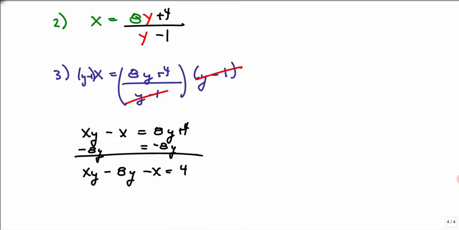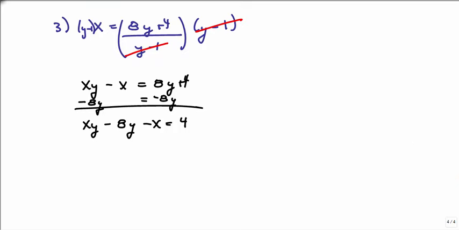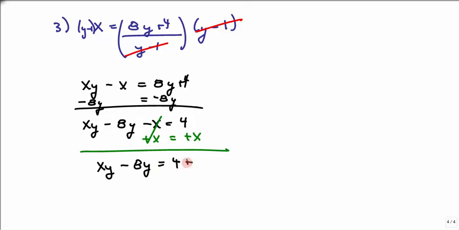Now x is not a constant, it's another variable, but it's not the variable that we want on the left. We want just y's on the left. So I go ahead and add the x across. And I have xy minus 8y equals 4 plus x. Now if you notice on the left, because we factored that y out, I have that greatest common factor. So I have y times the quantity x minus 8 equals 4 plus x.